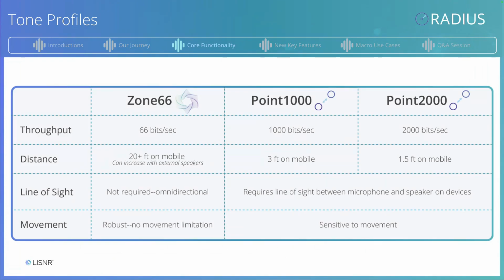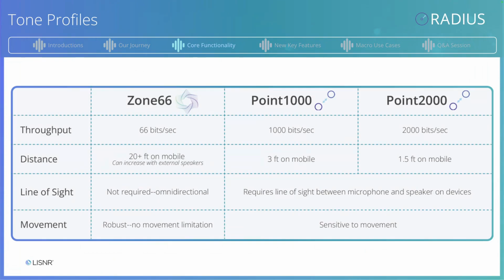But for the sake of grounding us on how Radius leverages sound, Zone uses FSK, or frequency shift keying, where tones transmit data using the frequency of the wave and involves easier algorithms and has less computations. Point uses PSK, which is phase shift keying. And this is where tones transmit using the phase of the wave and involves much more complex algorithms and computations.